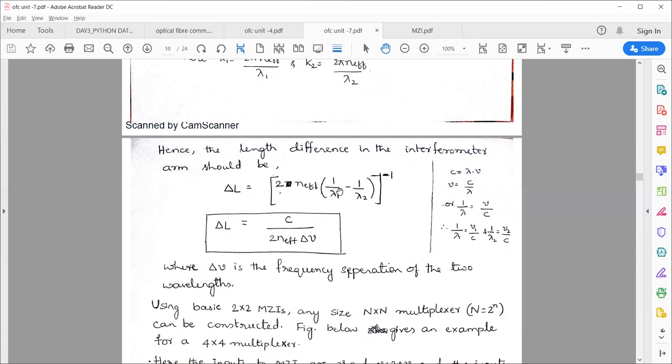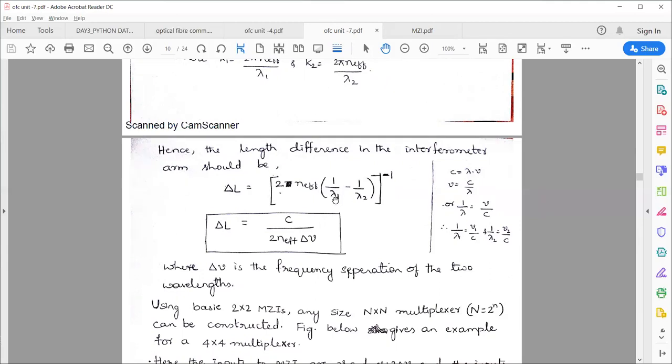So if we replace these lambda values in terms of the frequency, you can go with these simple equations. 1 by lambda 1 is v1 by c, 1 by lambda 2 is v2 by c. So v1 minus v2 is delta v, that is the frequency separation between the two wavelengths.